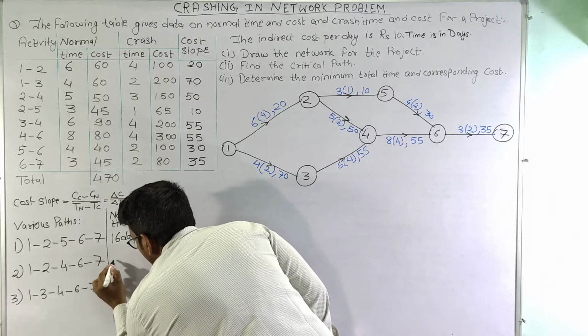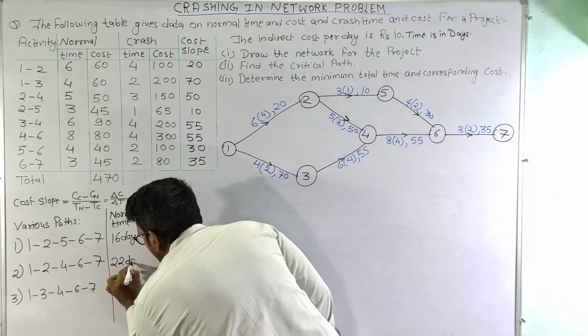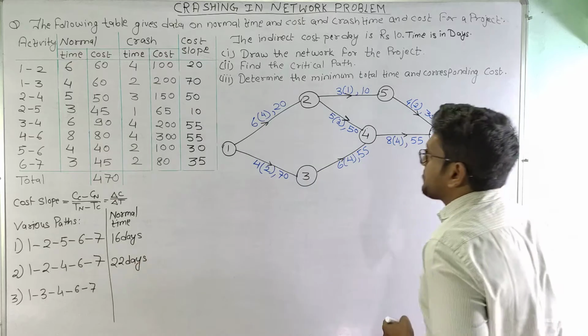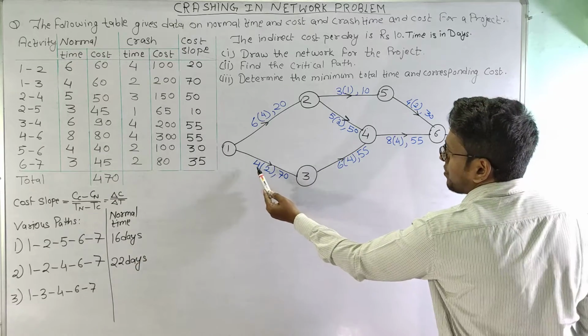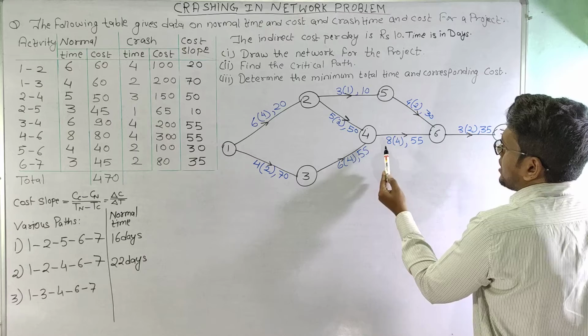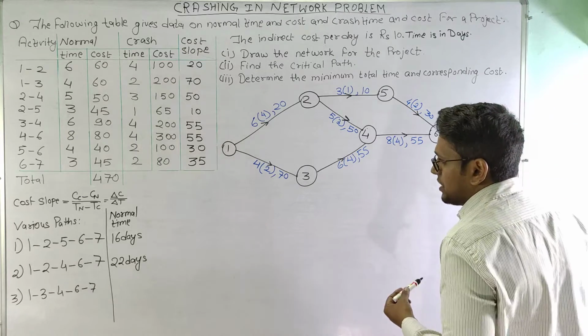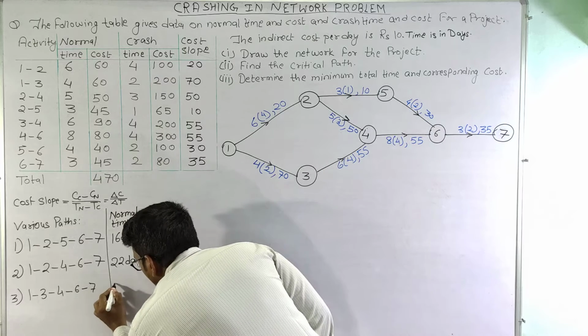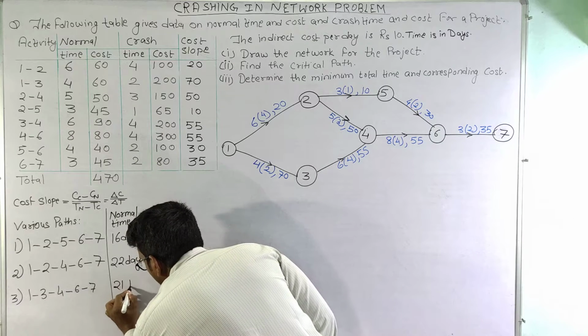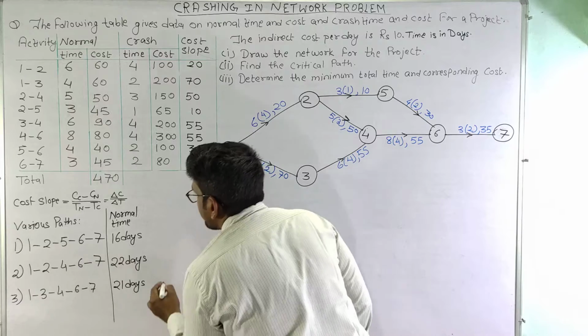So second path constitutes of 22 days, and the third path is 4 plus 6 is 10, 10 plus 8 is 18, 18 plus 3 is 21. So the third path is 21 days.